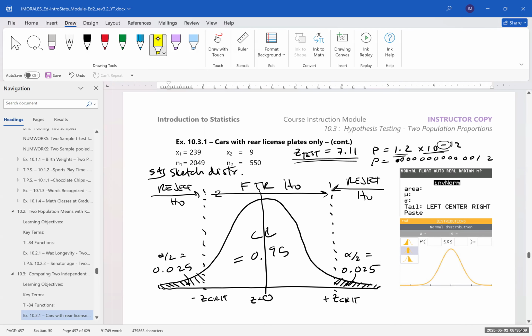Actually, this time, because it's two-tailed, I'm just going to go ahead and use the confidence level area to get my negative z critical score and the positive z critical score. They're going to be the same. I'm just changing it up a little bit here.